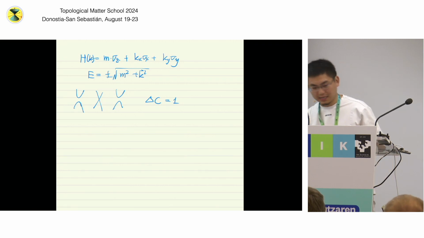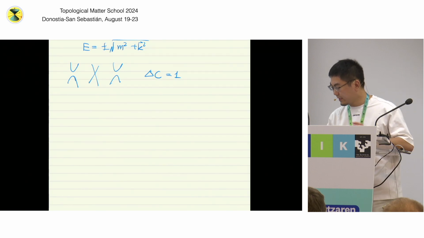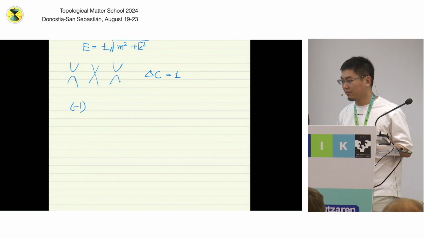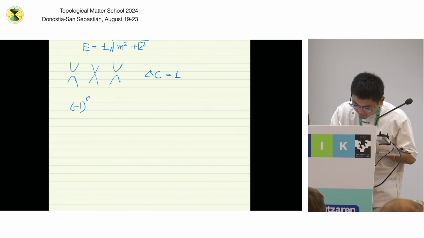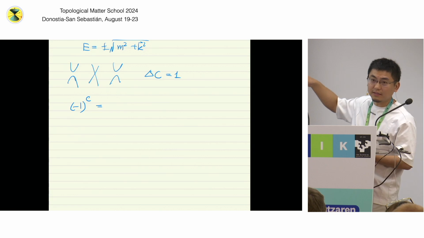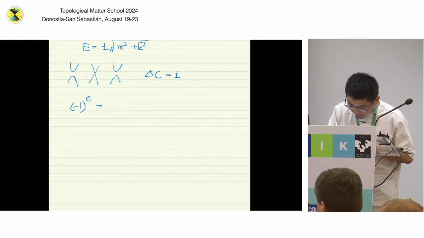If we do more detailed analysis, we can prove a very useful constraint between the Chern number and the inversion eigenvalues. The constraint is given by this: minus 1 to the C, where C is the Chern number of an insulator, is constrained by this expression.